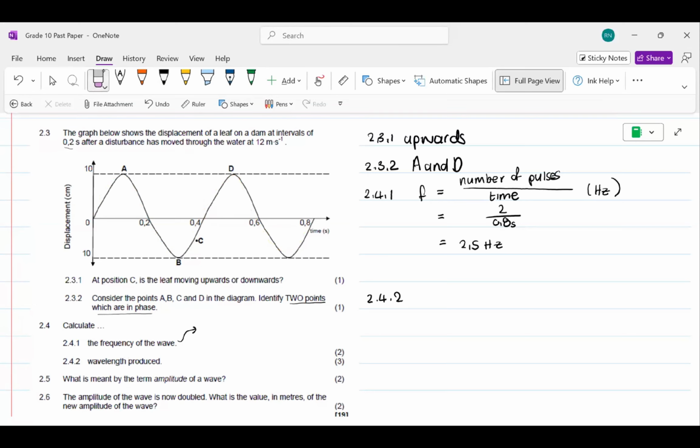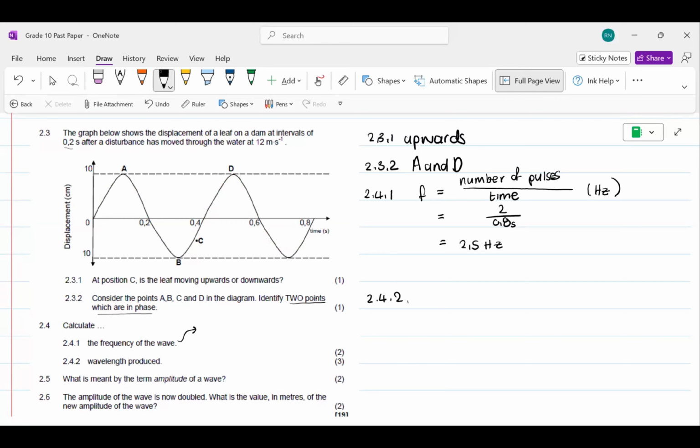Keep in mind we were given the speed, so we could use that, and we know that on our formula sheet we will have a formula that uses the speed, the frequency, and the wavelength, so we can use that to find our wavelength.